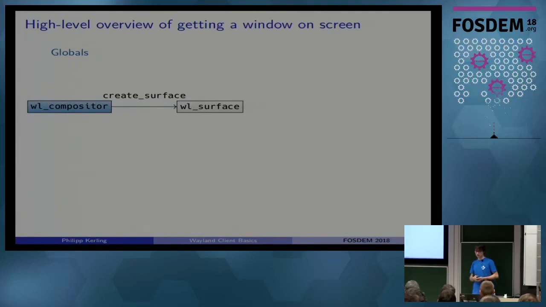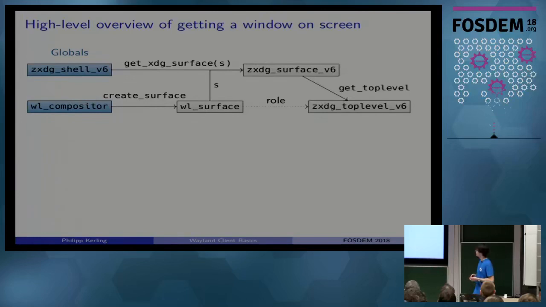And what you will use for that is, if you just want a regular window on a desktop, then there's an extension protocol for that that you should be using, and it's called xdg_shell. It's still unstable at the moment, and is part of the Wayland protocol repository that I mentioned before. But it's the de facto standard that you should be using. And the one that is in core Wayland, which is called WL_shell, it's effectively deprecated, and you shouldn't be really using it anymore.